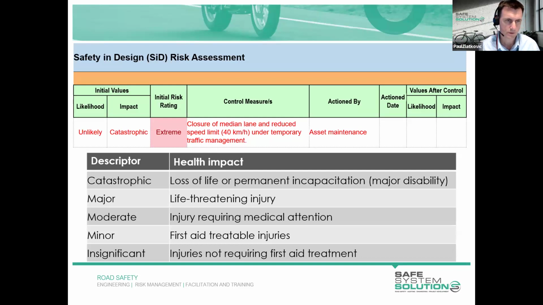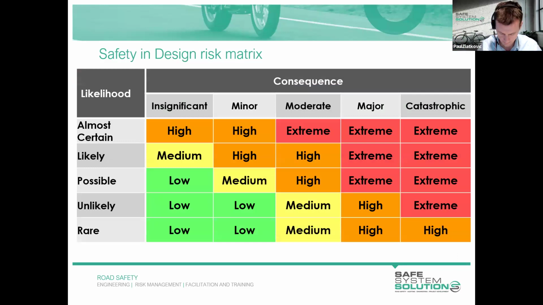Right, we've shared those results. So we've got unlikely and moderate as the likelihood and consequences with the mitigation in place. Without control measures we were possible and catastrophic, and with control measures in place we were unlikely and moderate.